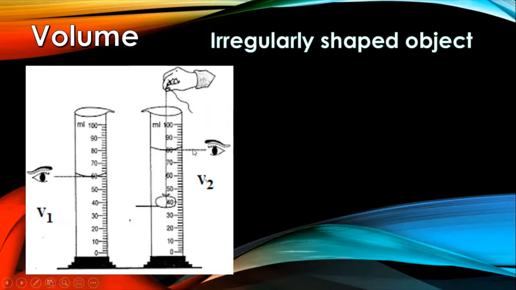How did you get that? Yeah, that's it. I took the reading over here, which was 80, and I subtracted the 60, and I got 20. So the answer is 20 milliliters, but the stone, you then have to change to cubic centimeters. So it will be 20 cubic centimeters.